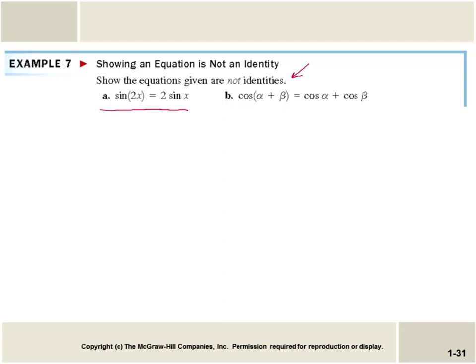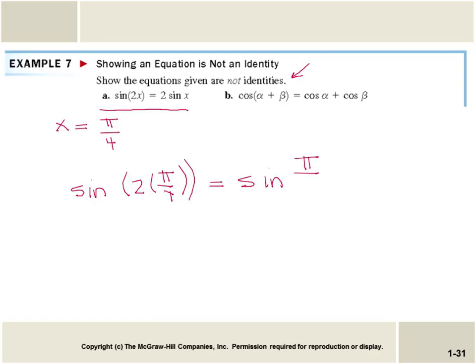So let's just pick any number. Pretty much anything here is going to prove it's not. So let's say x equals pi over 4. Okay? So I have the sine of 2 times pi over 4. That equals the sine of pi over 2. What's the sine of pi over 2?